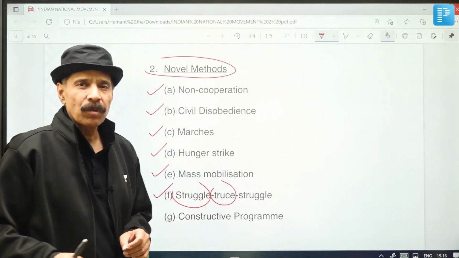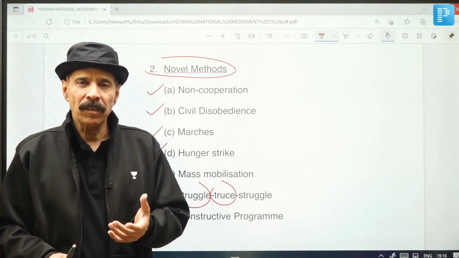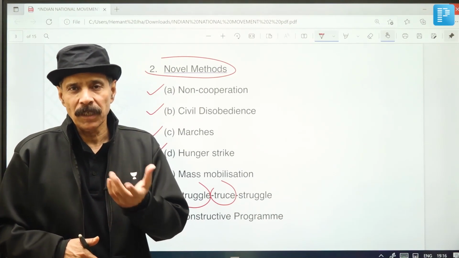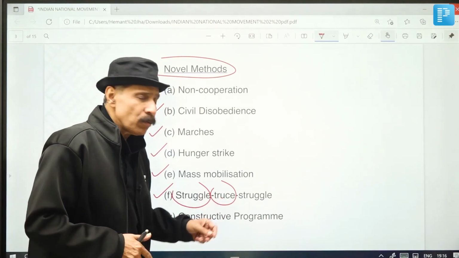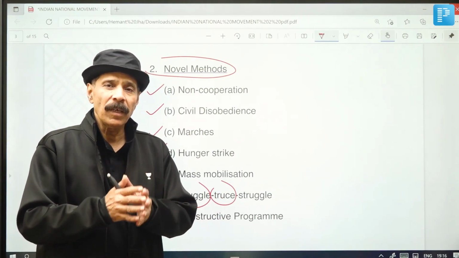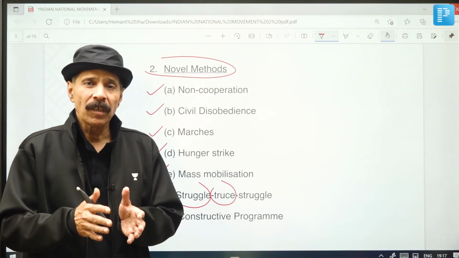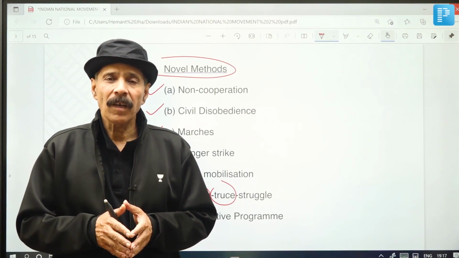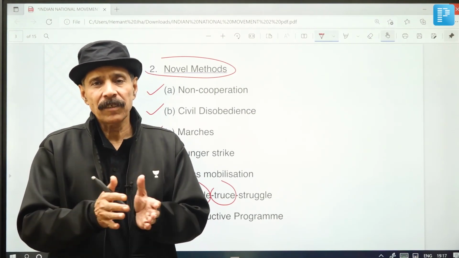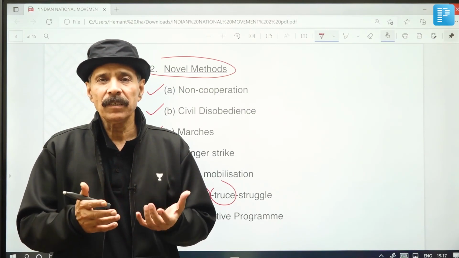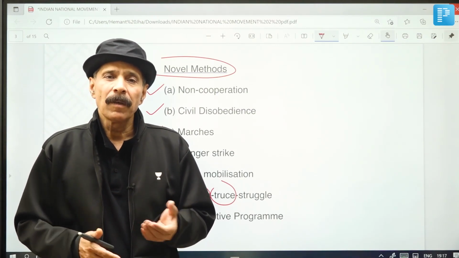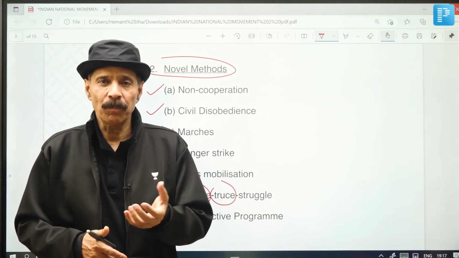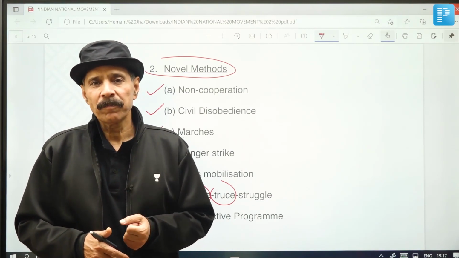A struggle refers to extra-constitutional, extra-legal, vigorous mass movement like non-cooperation, civil disobedience, Quit India movement. And truce refers to withdrawal from a struggle. This means withdrawal from extra-constitutional, extra-legal, vigorous mass movement and getting connected to other means, and these other means were organization of meetings, sabhas, mobilization of people, constructive program.